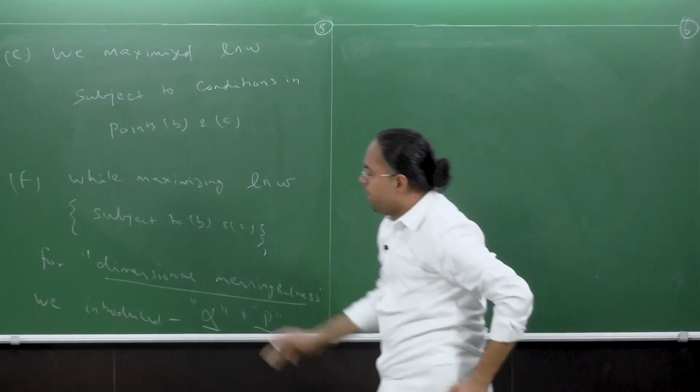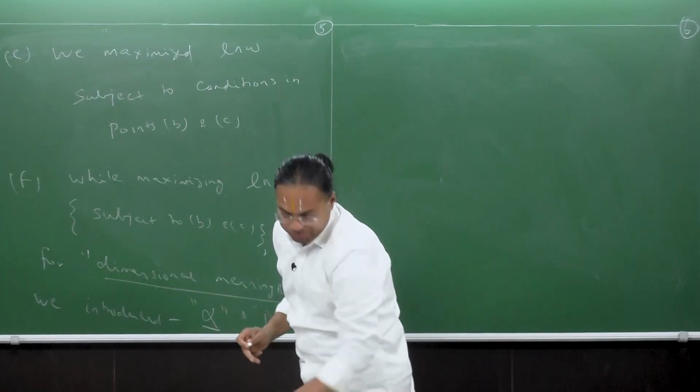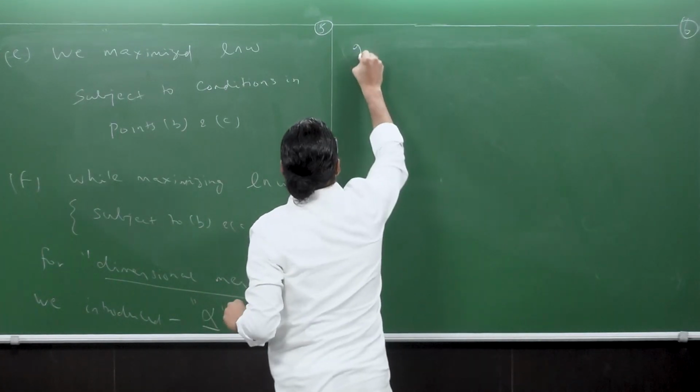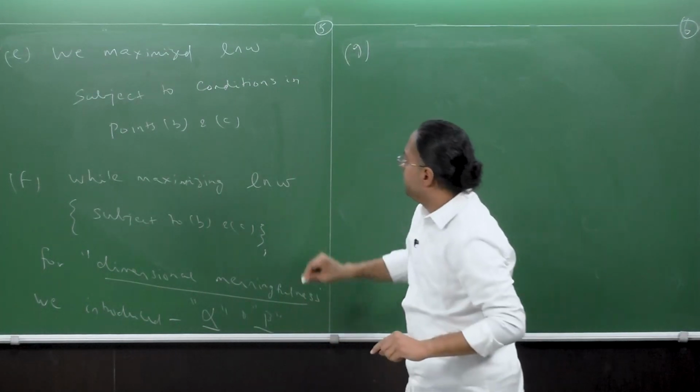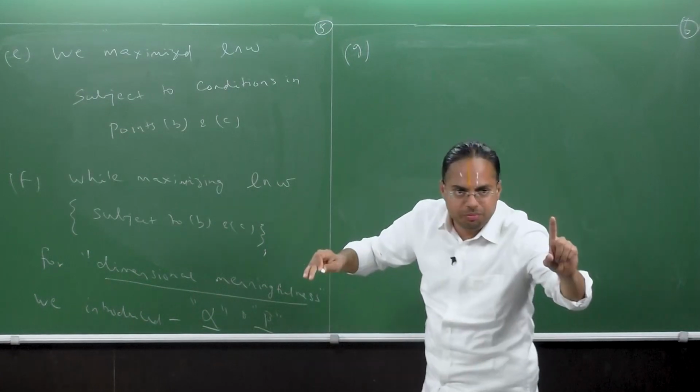So after having introduced alpha and beta, what we did was, this is important. The expression we obtained as part of maximizing ln W was a partial differential equation.